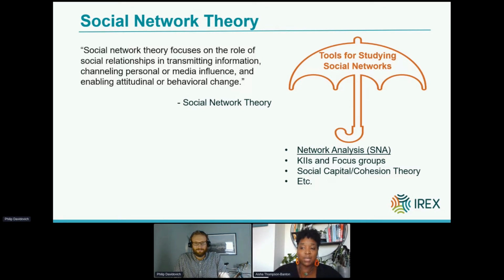Social network analysis is just one of those tools. We also have focus groups or key informant interviews. We can also examine our networks using social capital or social cohesion theory. So there are many different tools that we can use, but today we are focusing on social network analysis.